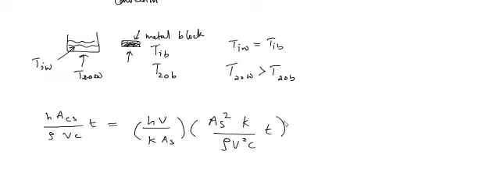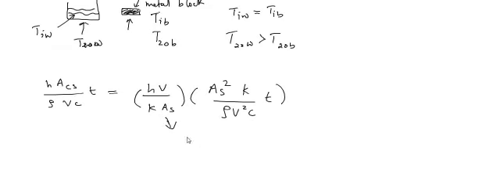Now the first term, V over A is L, so this can be written as hL over k, where this L is Lc, the characteristic length. We'll discuss the characteristic length in the next class.